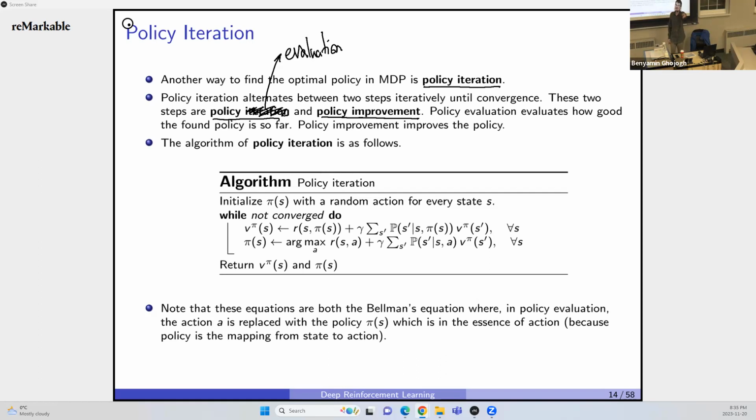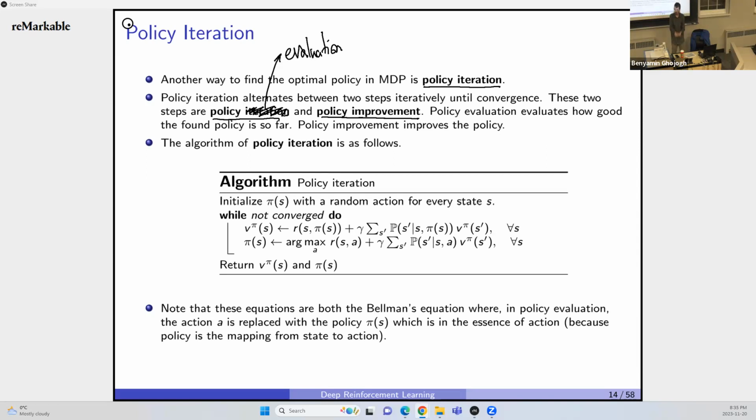Now you tell me, I have some policy. How do I know whether this policy is good or not? What should I do? I should calculate the reward or value. The reward and value are the same, but value is the best reward, right? So basically, I calculate the value with that policy. The larger the value, the better that policy.